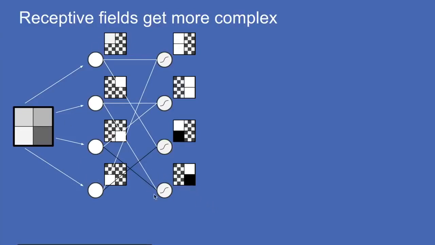However, if we look at this neuron, it combines this pixel, upper right, and this pixel, lower right. It has a weight of -1 for the lower right pixel, so that means it's most active when this pixel is black. So here is its receptive field.